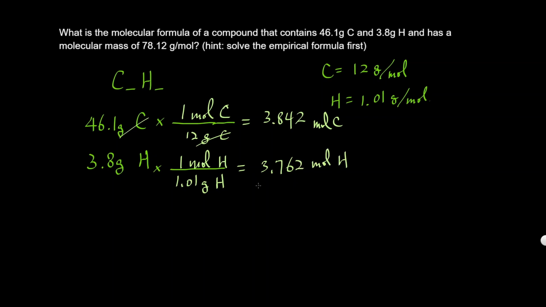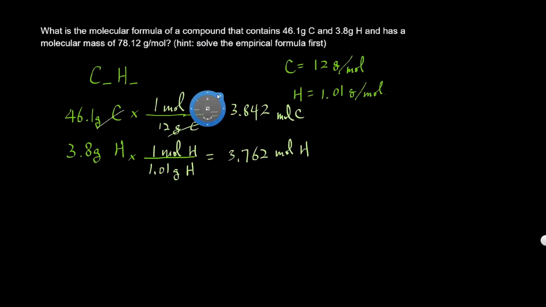They're pretty much about the same, but hydrogen has a little bit fewer moles. So what you want to do is divide everything by whichever is less, so divide by 3.762. So the hydrogen will be 1.